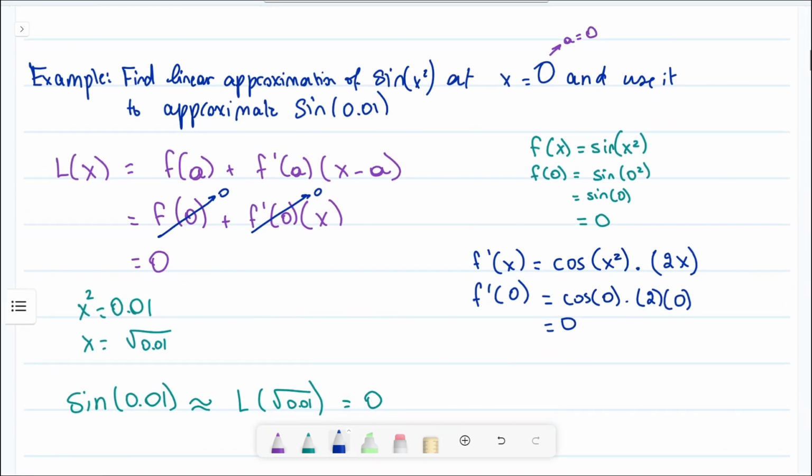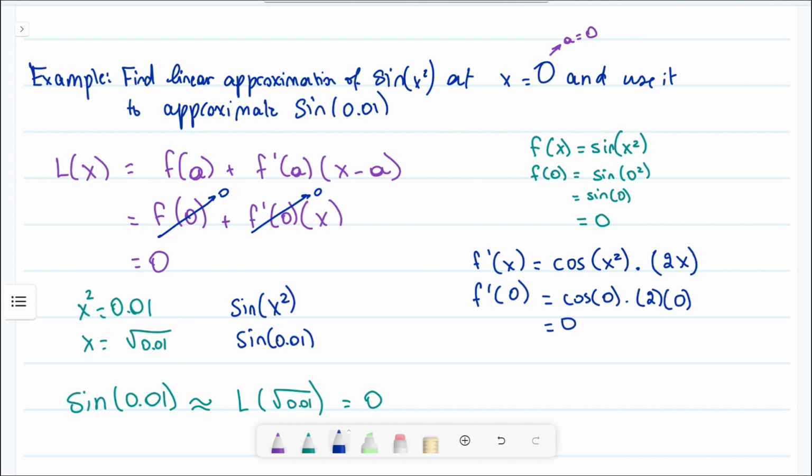Now we would like to use L of x to approximate sine of 0.01. Don't forget that above we have sine of x squared. In order to approximate sine of 0.01, I want x squared to be equal to 0.01, so x will be the square root of 0.01.